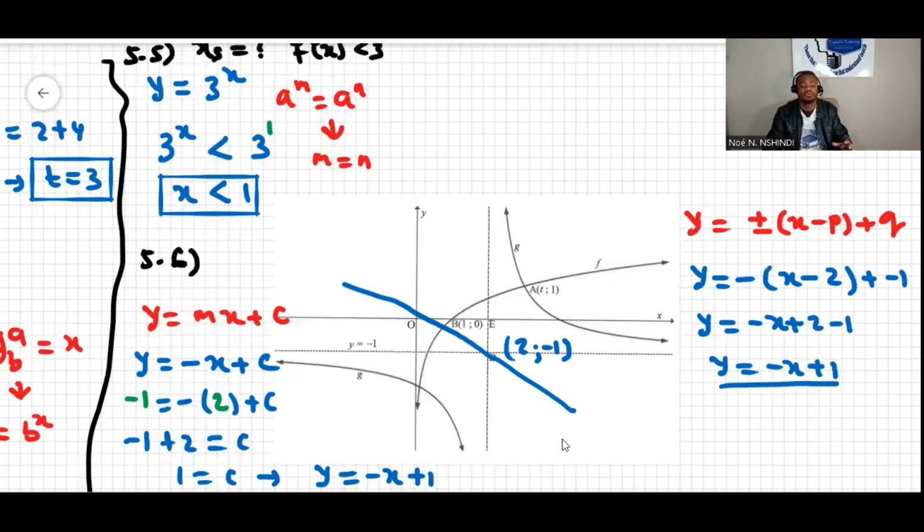Now we want the point of intersection. In other words, we're going to equate to see where the two equations meet. Now we're going to set this equation equal to this other equation.